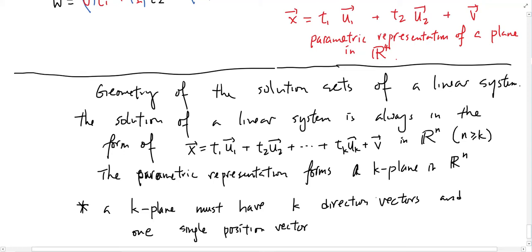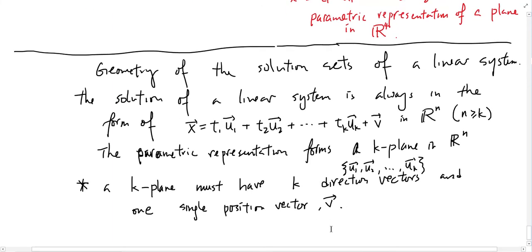So the direction vectors in this case are u1, u2, to uk, and the single position vector is vector v. All right?